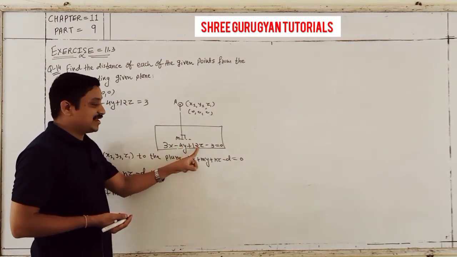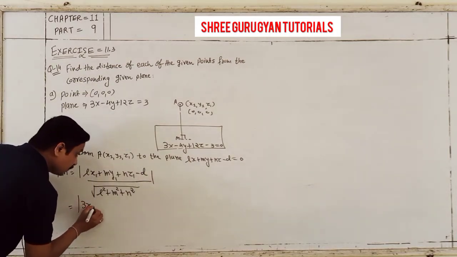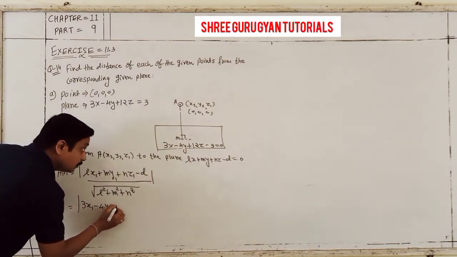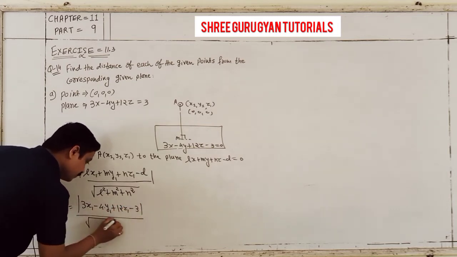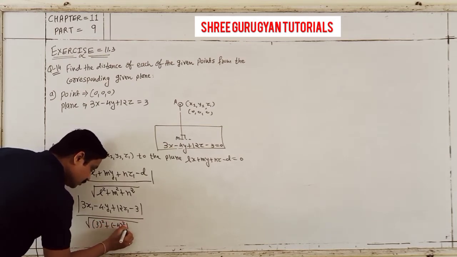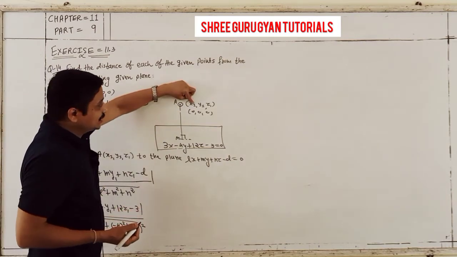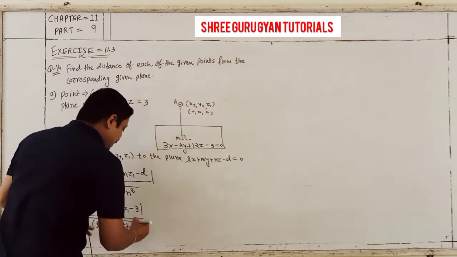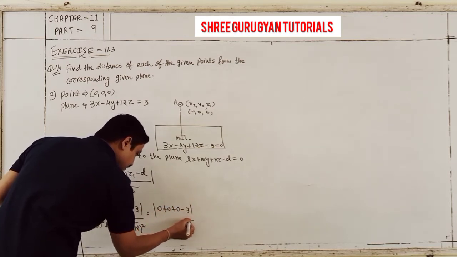So my value is 3x1 minus 4y1 plus 12z1 minus 3 upon the square root of 3 square plus minus 4 square plus 12 square. Here x1, y1, z1 are 0, 0, 0, so minus 3.